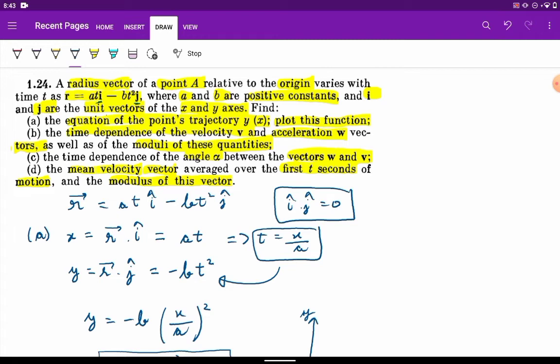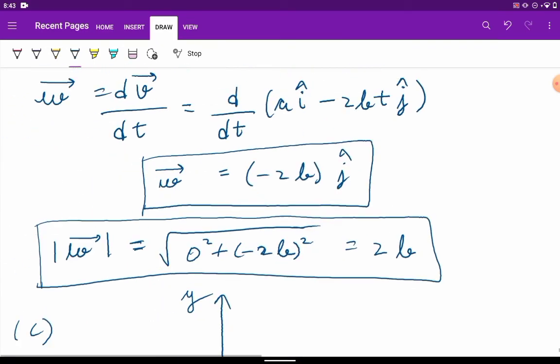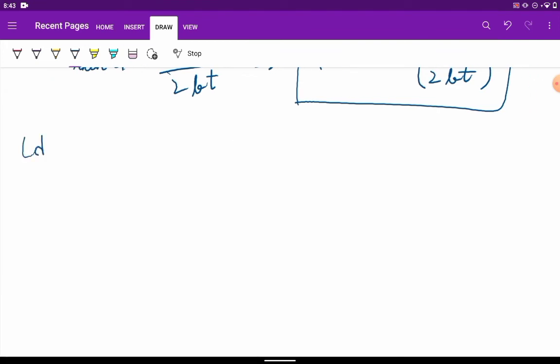Okay, now the D part is the mean velocity vector averaged over the first t seconds of motion, and the modulus of this vector. This is, I think, the simplest part of all. As you already know, the mean velocity vector is, of course, nothing but delta r divided by delta t, the change in the radius vector divided by the time taken.